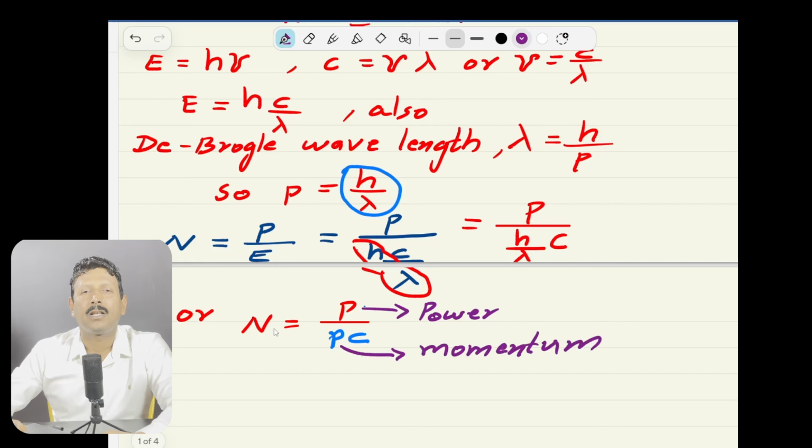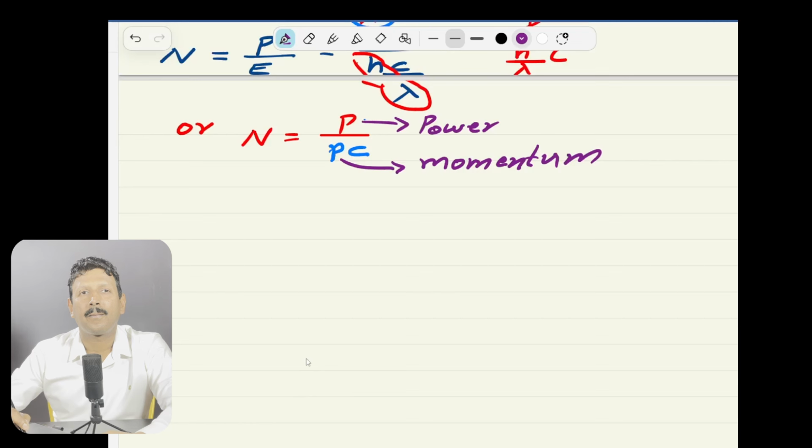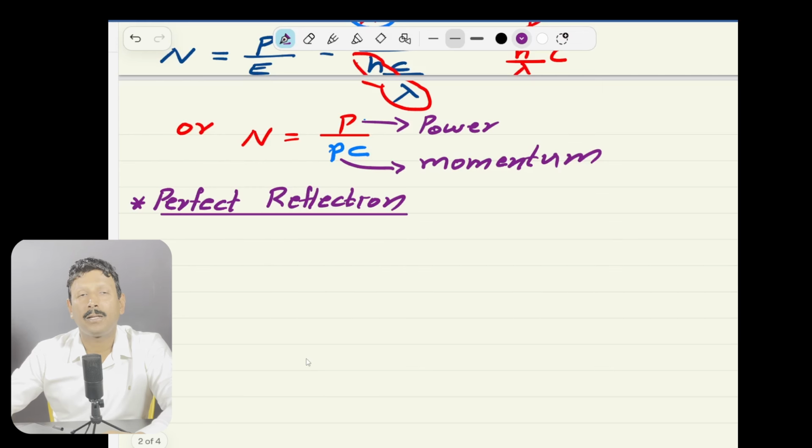Now we go to one more theory: how to calculate the force exerted. When a laser beam hits an object or a wall and bounces, we calculate the change in momentum, and based on that we calculate how much force is exerted.